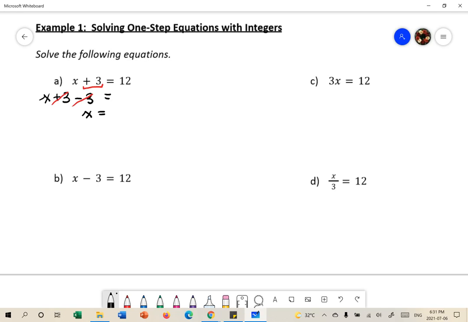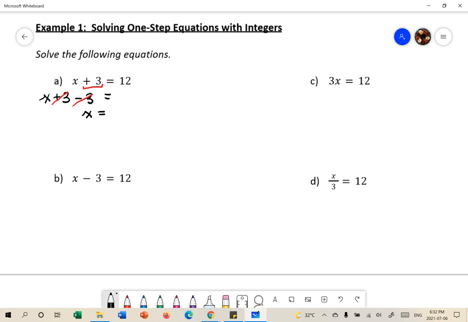But remember that an equation is a balance between the left and right side. The left side must equal the right side. That's essentially what an equal sign means. Think of it as a teeter-totter. You need to have the same equal weight on each side of a teeter-totter for it to be balanced. It's the same with an equation. The left must equal the right.